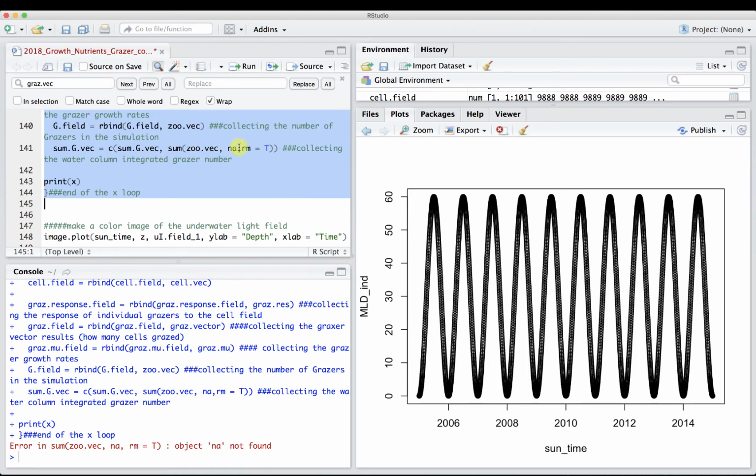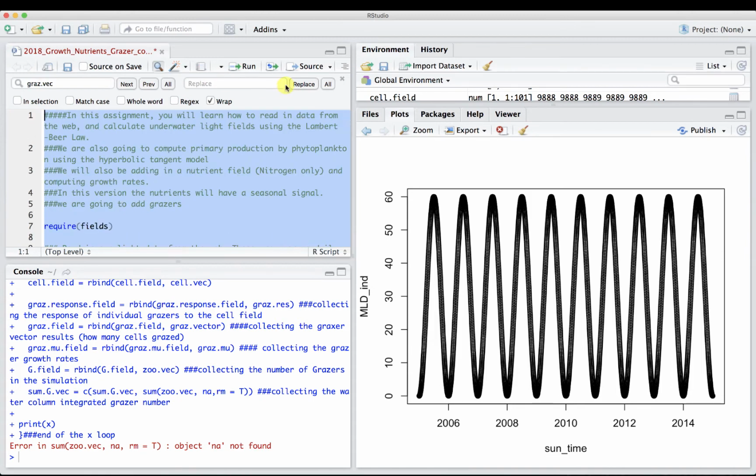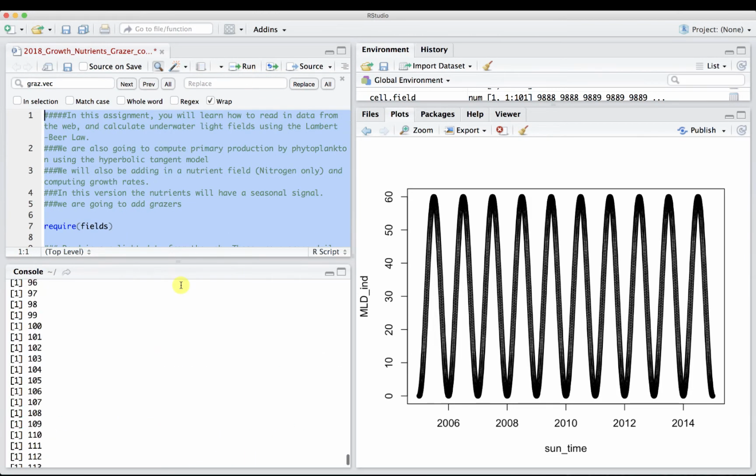Here it is, it should be na.rm equals TRUE. Okay, we'll try again. There we go. So our code has gotten more complicated. This is probably as complicated as our code will get during the semester.